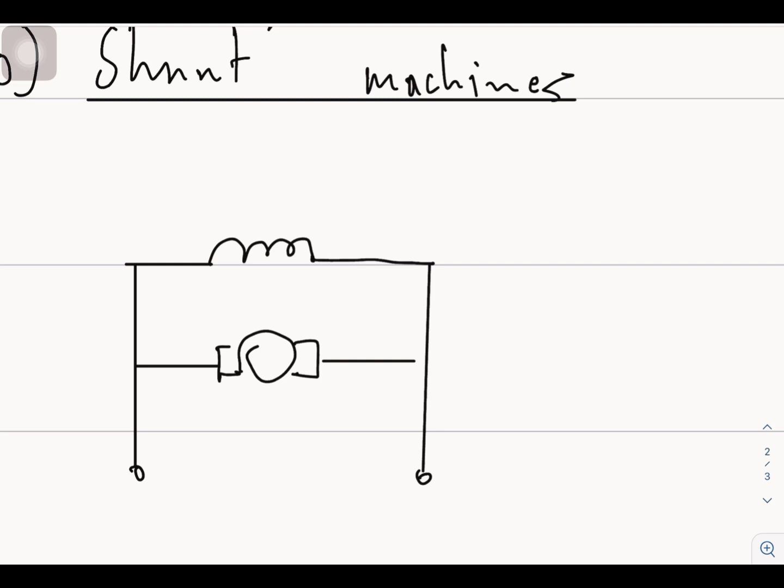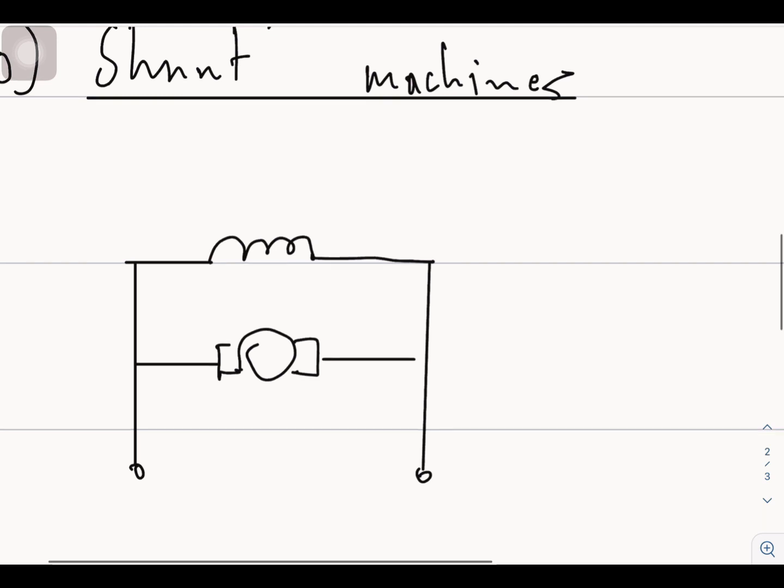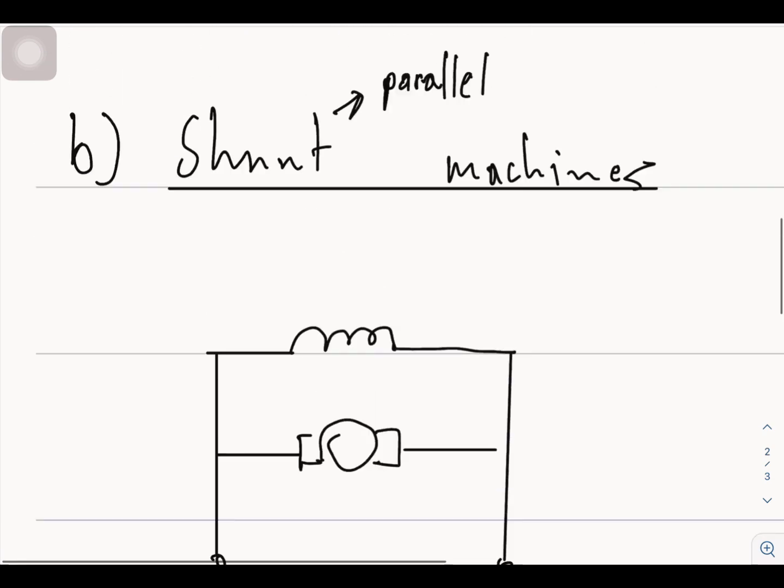If it is a motor, the field winding is supplied by the same electricity that we are supplying to the armature.